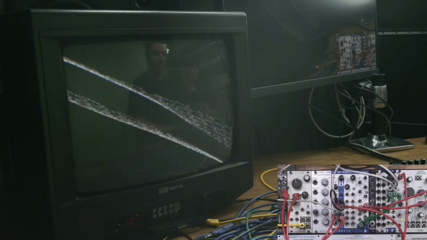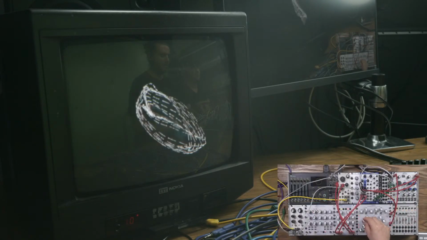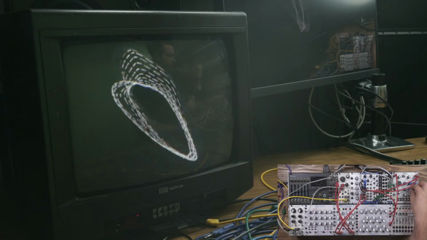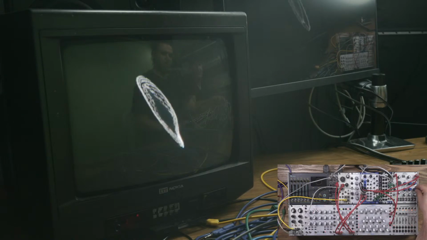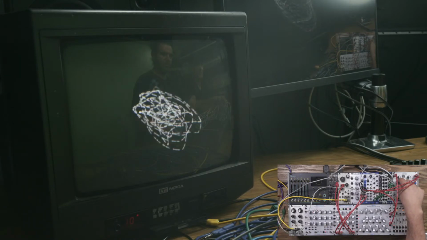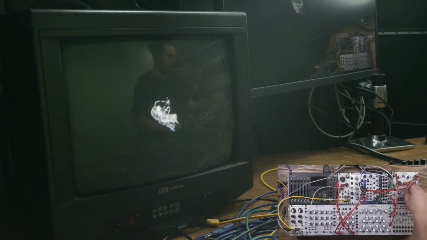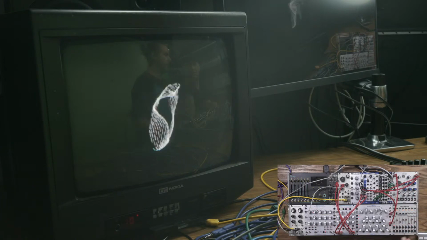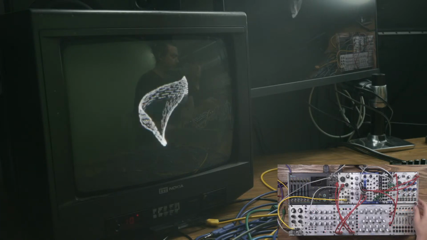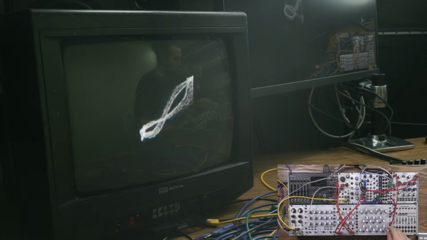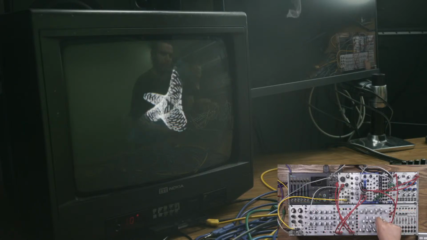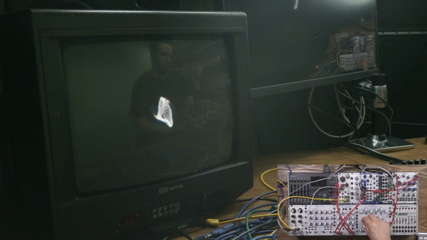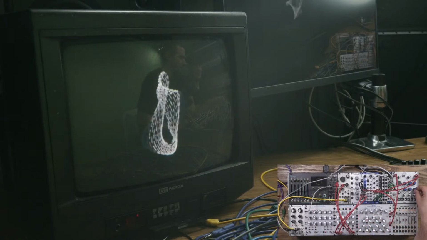Let's set the frequency. There, let's tilt it a little lower. Now I'm all the way to the wet side.